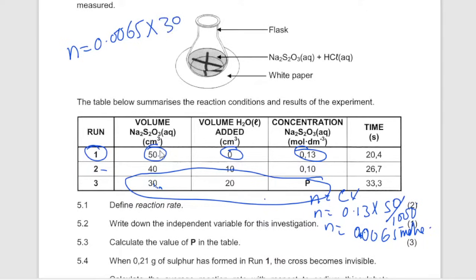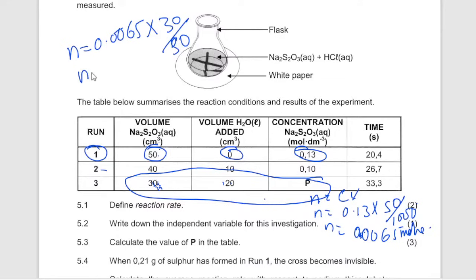So I'm comparing this with this, but divide by, in this case, this is 30, but the total volume is 30 plus 20. The number of moles of sodium thiosulfate are in the 30, but the total volume is what? Sorry, it's not 20, it's 20 plus 30, which makes it 50.